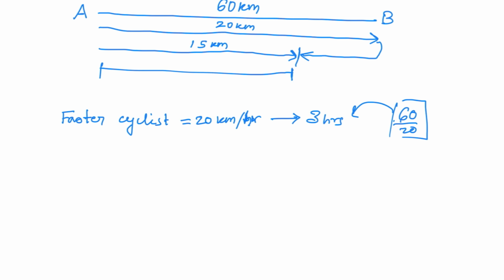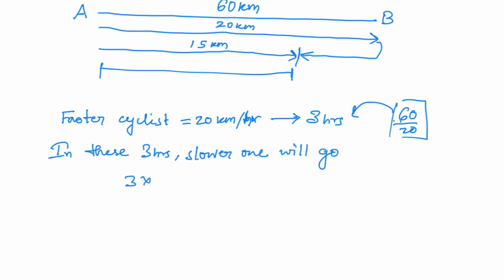So in these 3 hours, the slower one will go 3 into 15, 45 kilometers. So now 15 kilometers is remaining for this cyclist.